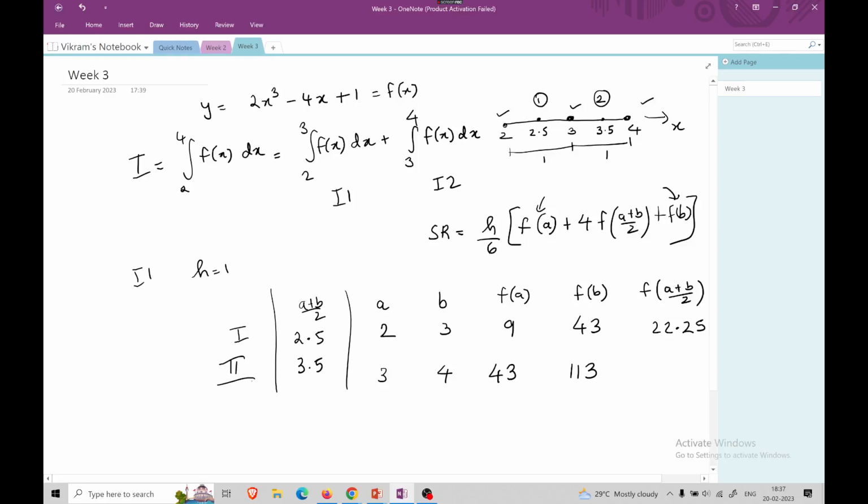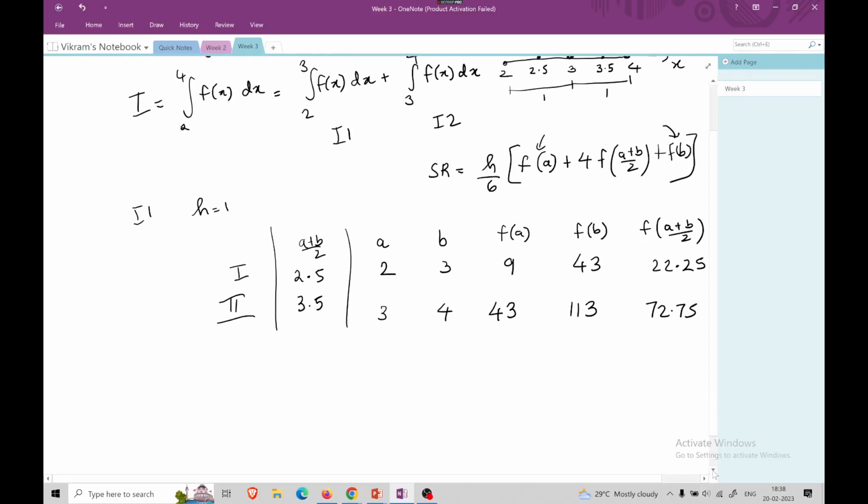So f of 3.5: 3.5 the whole cube into 2, minus 4 into 3.5, plus 1, is 72.75. So I have now calculated for element 1 and element 2.